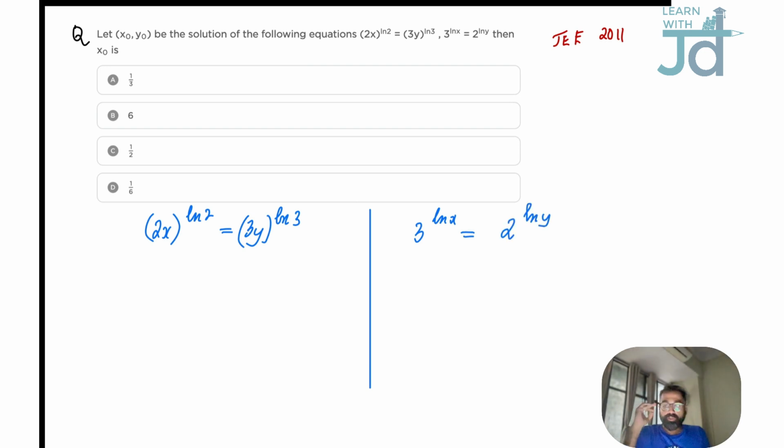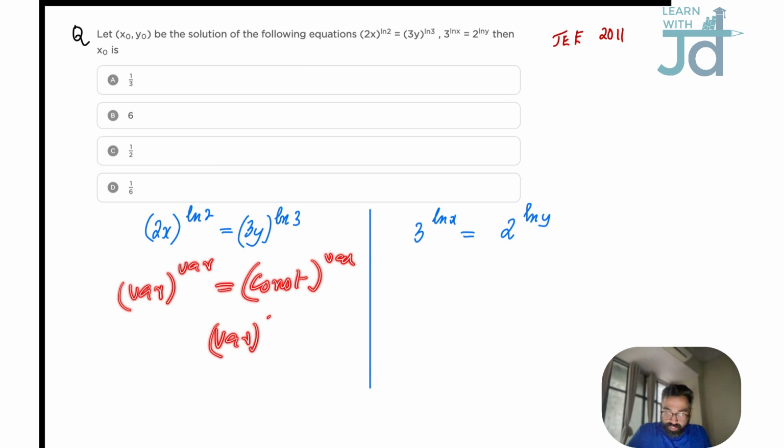Now whenever they have taught you in logarithms, usually whenever there is a variable raised to variable is equal to maybe a constant raised to variable or a variable raised to constant, whatever this format may be, and there is a left hand side and a right hand side, the best method is to apply log on both sides.